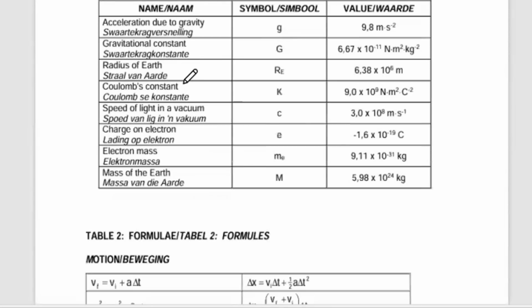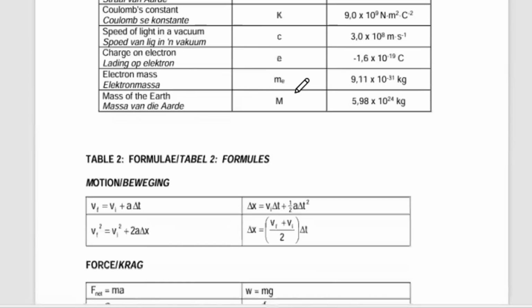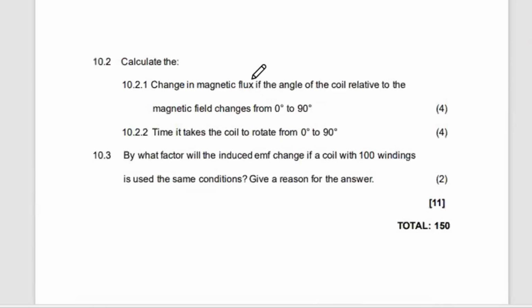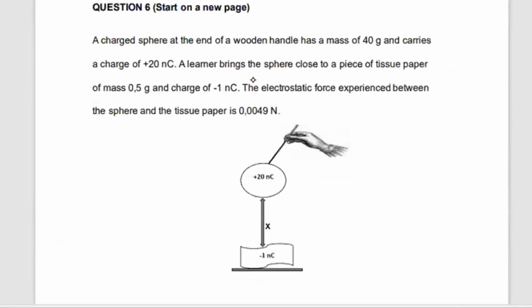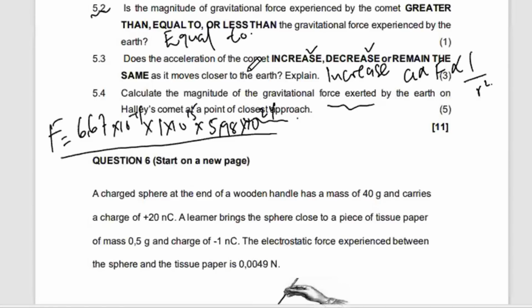So the mass of the Earth is 5,98 times 10 to the 24, divided by the distance of separation. This one, we change it to meters.